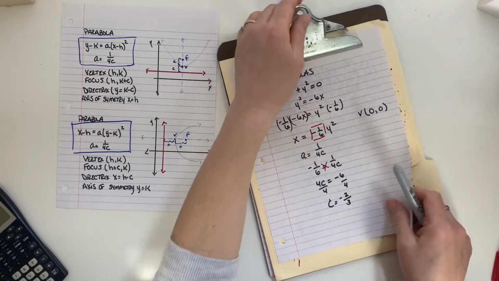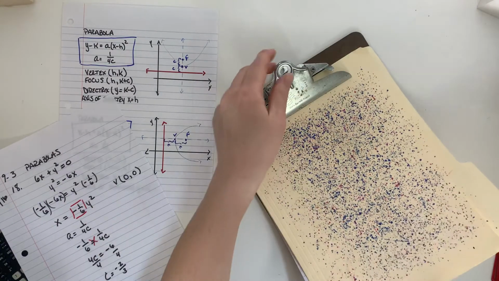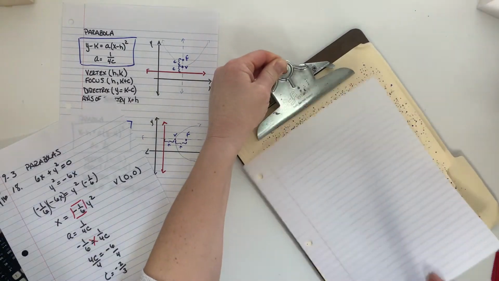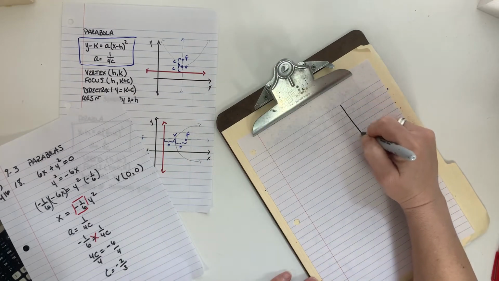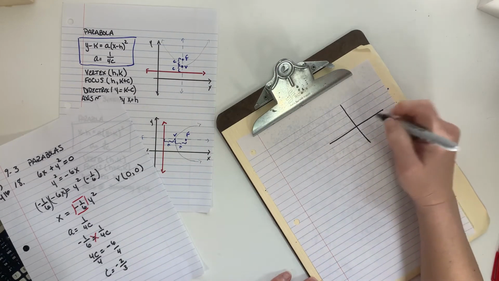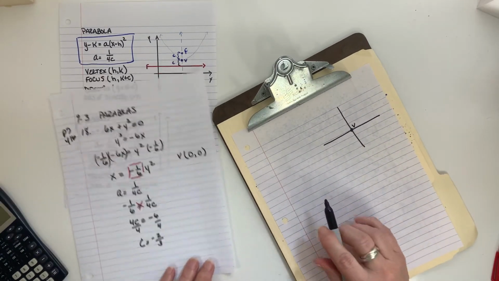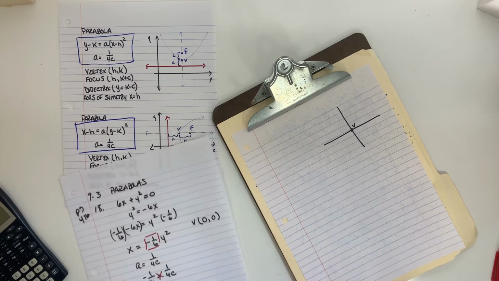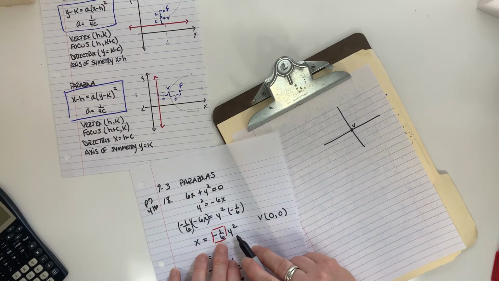I'm going to have to get another sheet of paper for this. This is where the sketch comes in and the thinking part comes in. Okay, so let's take a look. We're going to make ourselves a sketch over here. All right, we know our vertex is 0, 0. Now here's the thing. This is our equation, x is equal to negative 1 over 6 y squared.